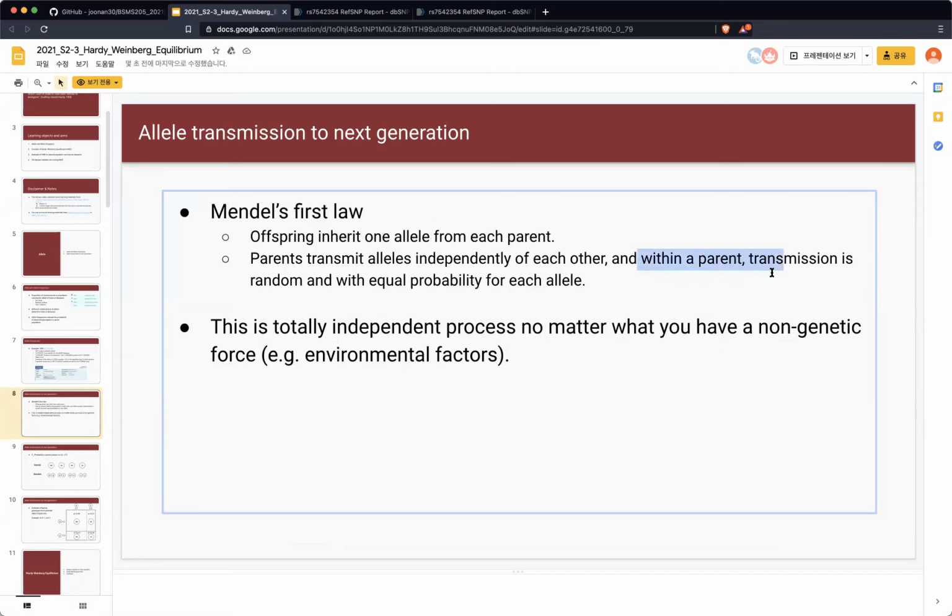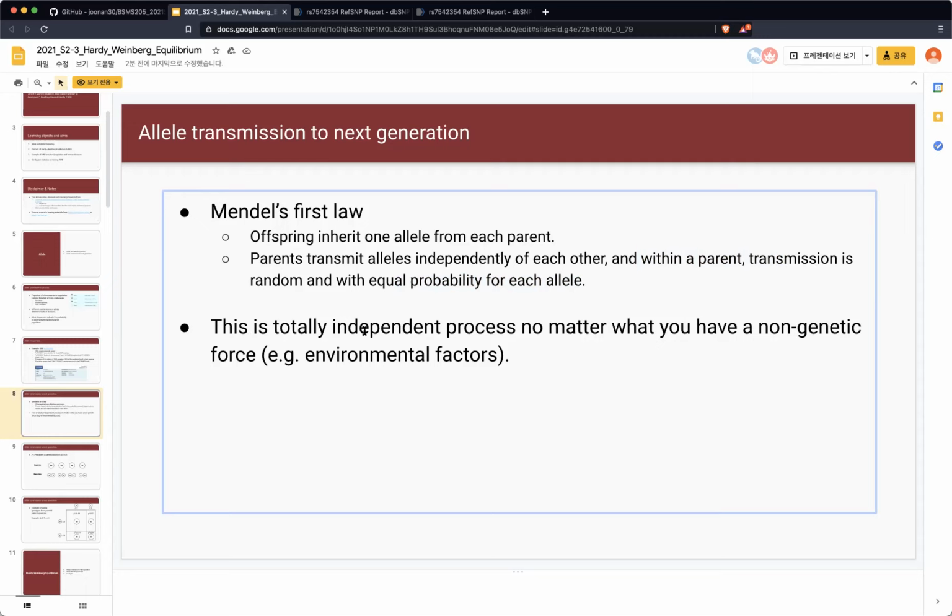And within a parent, transmission is random, as I mentioned, with equal probability for each allele, right? If you think about meiosis, meiosis gives you 2 gametes from one germ cell, and that has random segregation between the Mendelian factors.